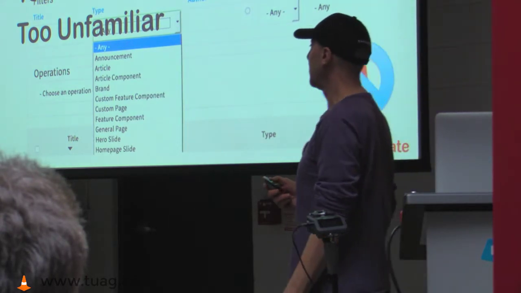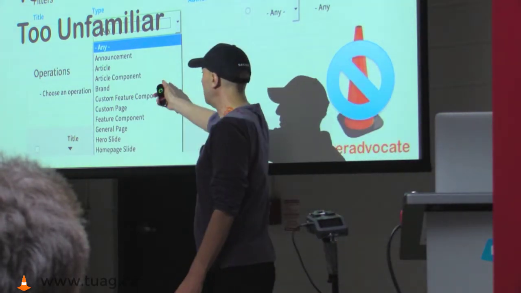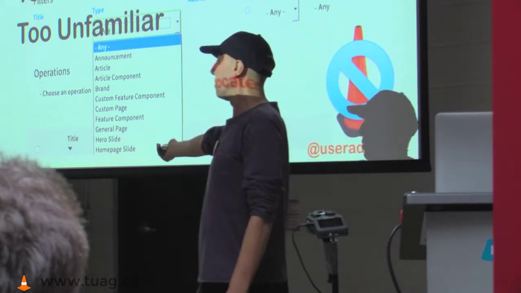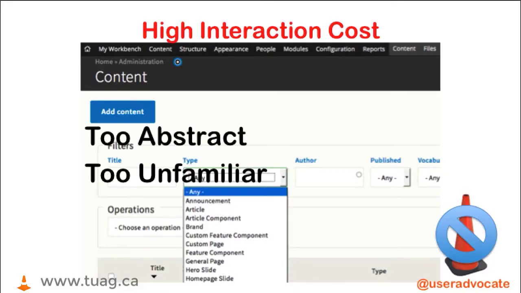The abstraction thing, you know, those words, you could probably apply your meaning, but who is the user? Is it the guy in the tree versus the surgeon, right? Do you really know what a custom feature component is? If you started work at this place and you had to manage the content, would you know where you have to change something?